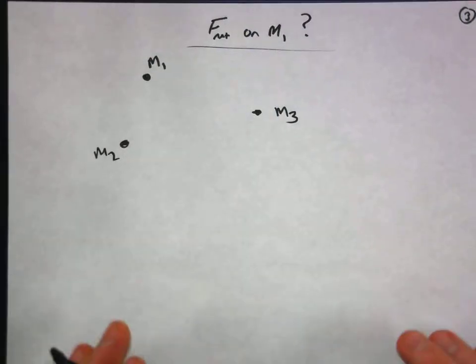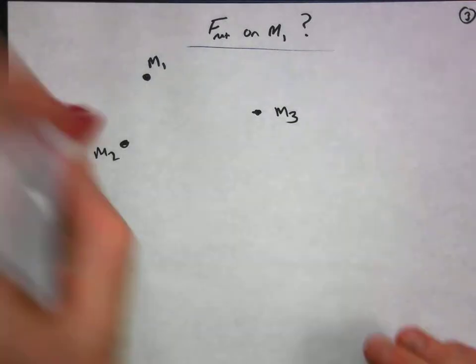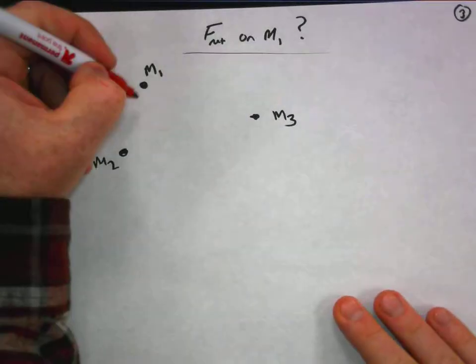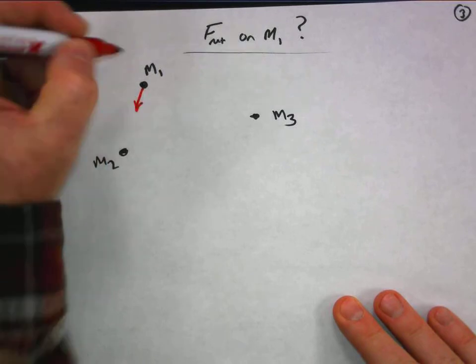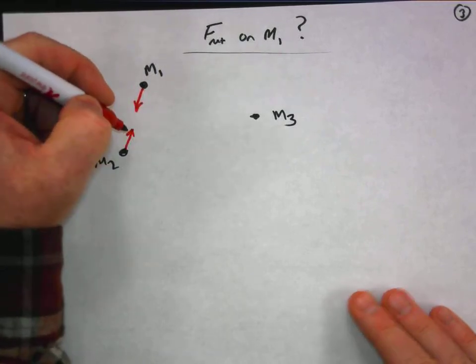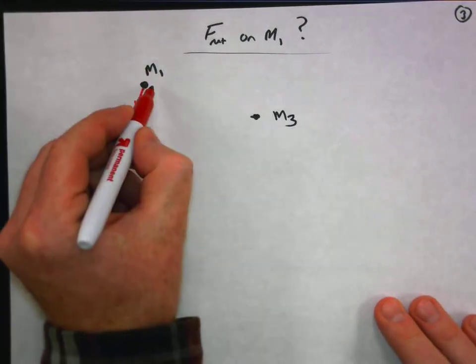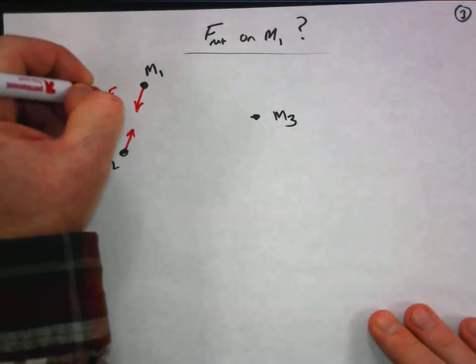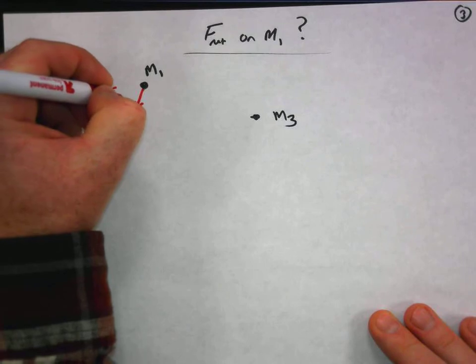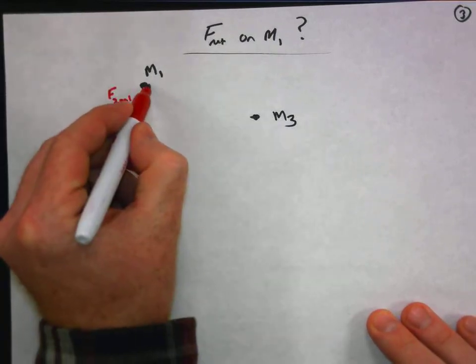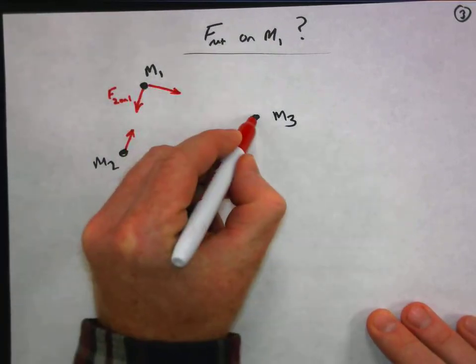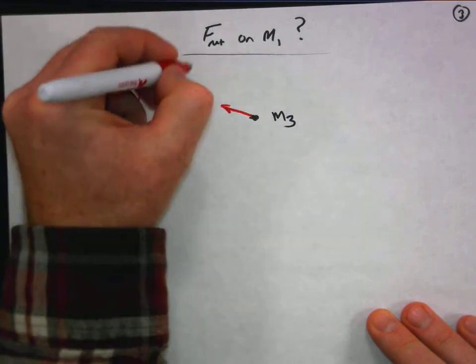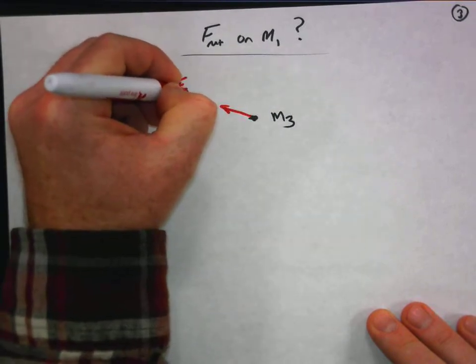Well, all we really have to do is figure the force of attraction acting on M1 caused by M2. So we have to find this force, which also shows up here. This is force of 2 on 1. We must also find this one, which also shows up here. This is force of 3 on 1.